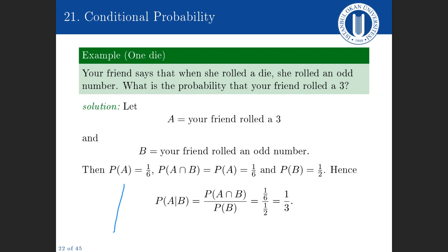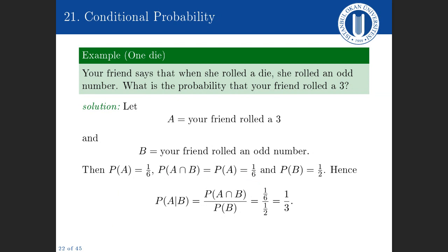The probability of rolling a 3 is 1 over 6. The probability of rolling a 3 and rolling an odd number, well, 3 is odd, so that's just the same as the probability of A. The probability of rolling an odd number is a half, because 3 of the numbers are odd and 3 of them are even.